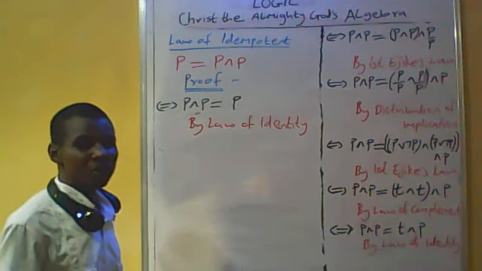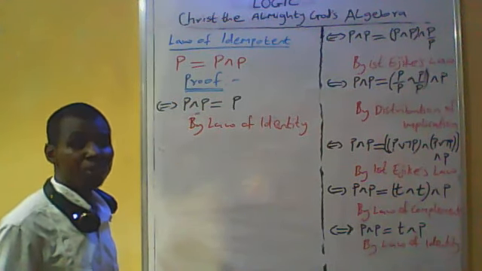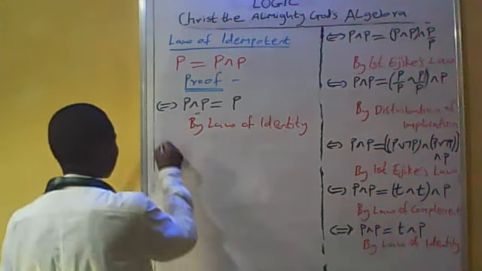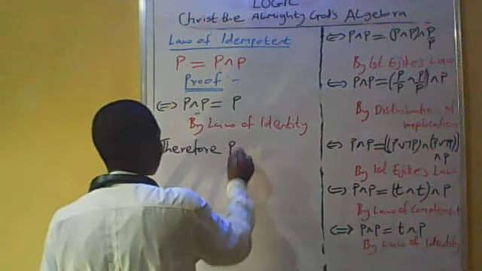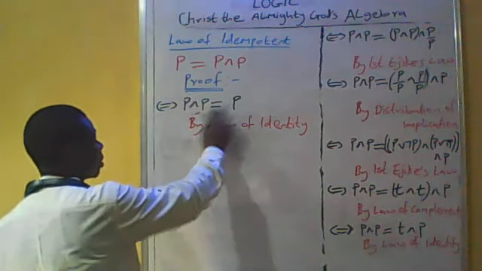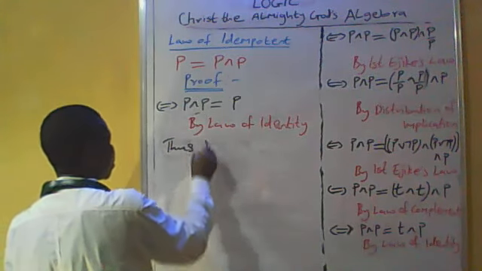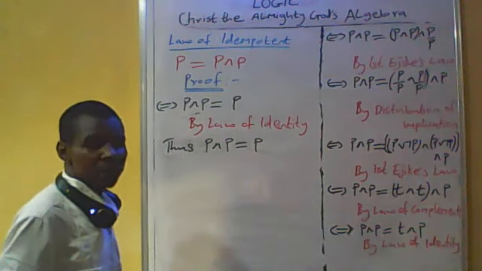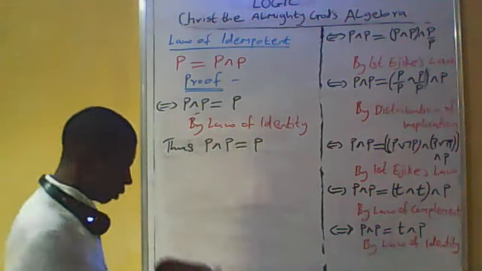Since the converse holds, we establish that P is equal to P and P, the law of idempotence for conjunctive statements.